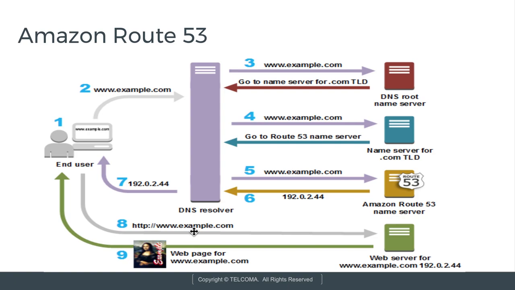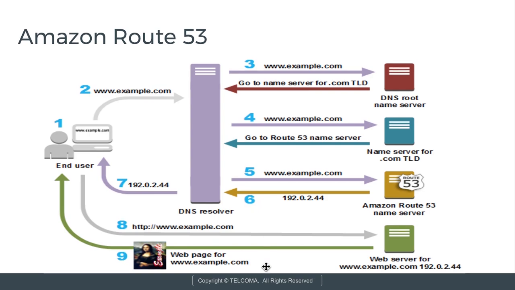The DNS resolver for the ISP chooses an Amazon Route 53 name server and forwards the request to it. The Amazon Route 53 name server looks for the example.com hosted zone, gets the associated value, like the IP address, and returns the IP address to the DNS resolver.